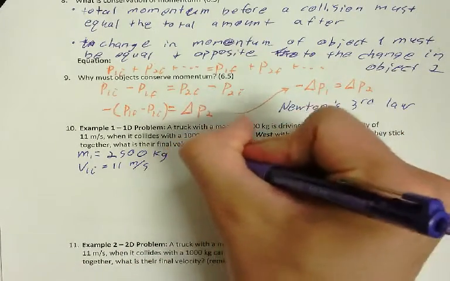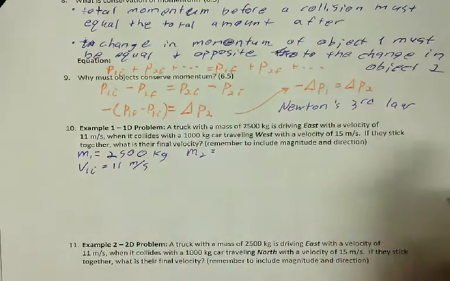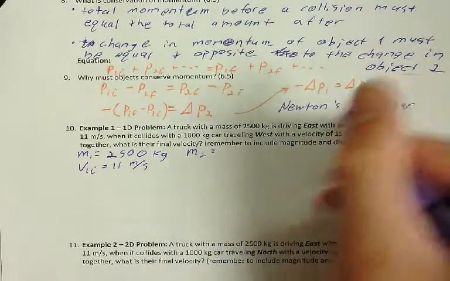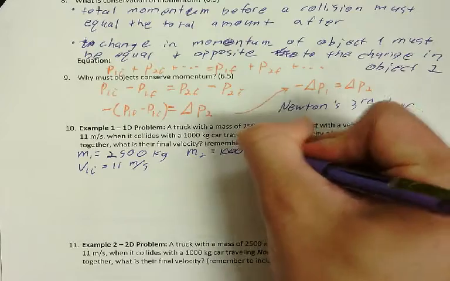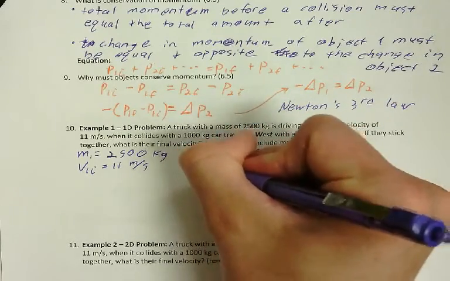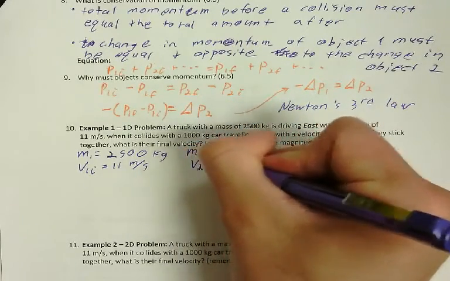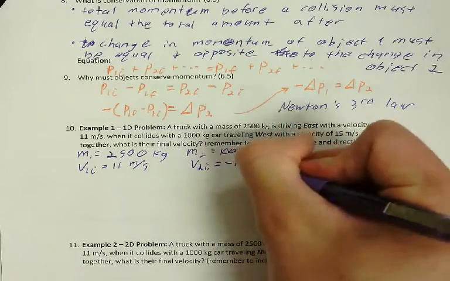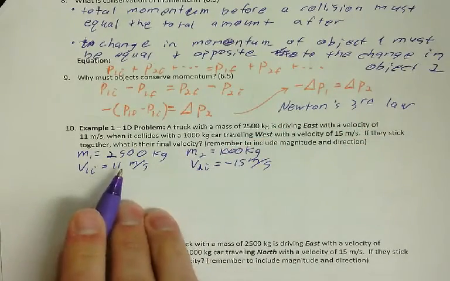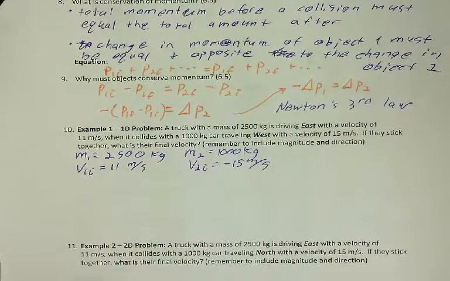So M2 is 1,000 for the mass, and negative 15 for the velocity.